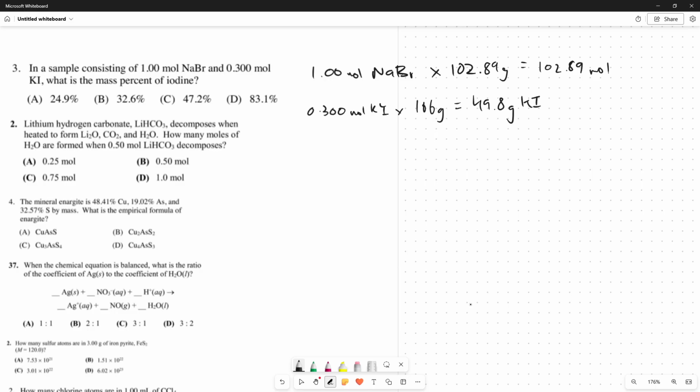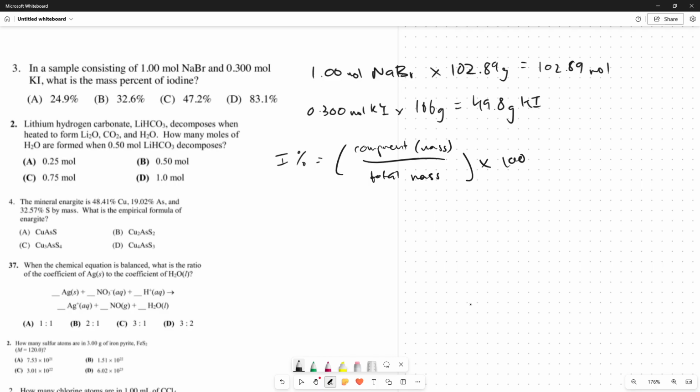So that will be 49.8 grams of KI. Now that we have this, you need to remember the mass percent formula. Mass percent, in this case for iodine, is equal to that component's mass divided by the total mass, times 100 to get the percent.